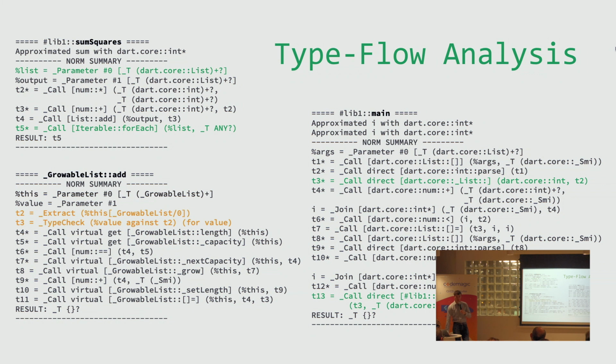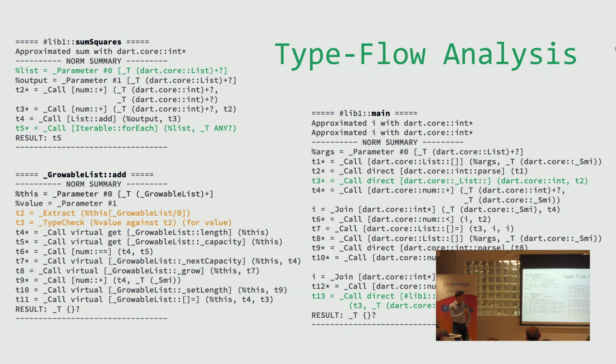Type flow analysis generates something called a summary, which is kind of a simplified version of the program that manipulates only types and not values. It's the most similar thing we have to the unoptimized code in the ahead-of-time compiler. The point of the summary is to collect this type information that we normally would have collected from unoptimized code. Here in green, we can see how we devirtualize the call to .forEach.